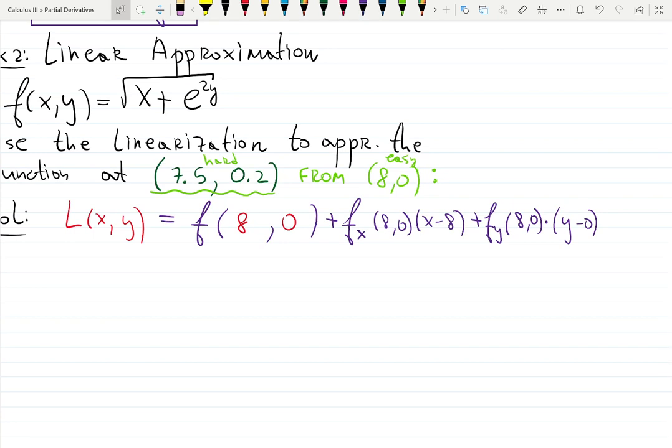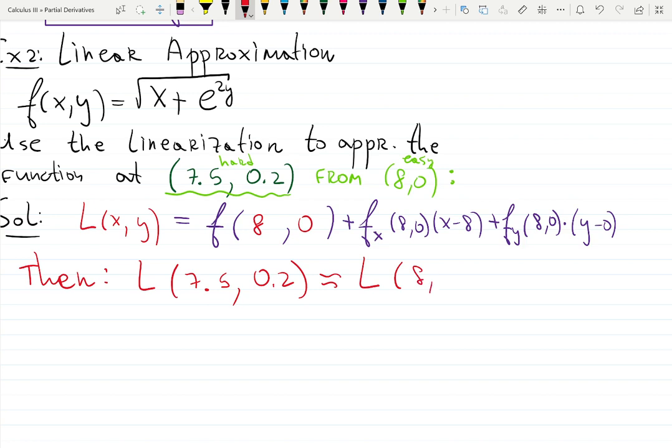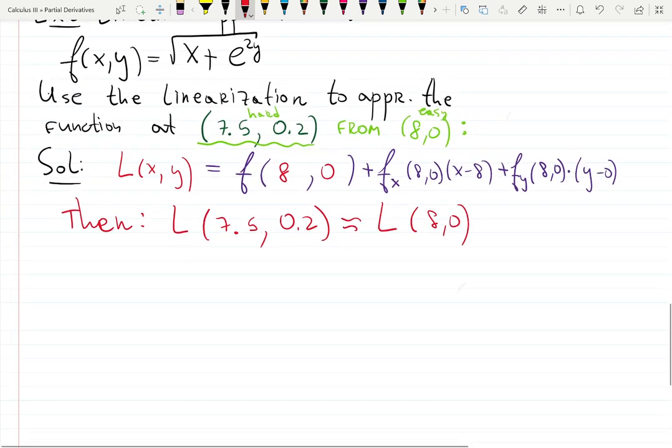Then we're going to say that L of the numbers they ask us to find, 7.5 and 0.2, will be approximately L at 8 and 0. So that's the idea here.